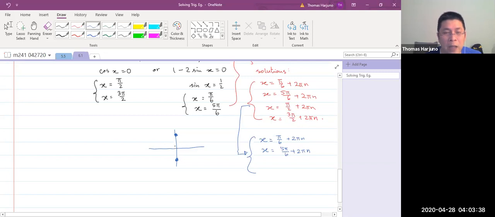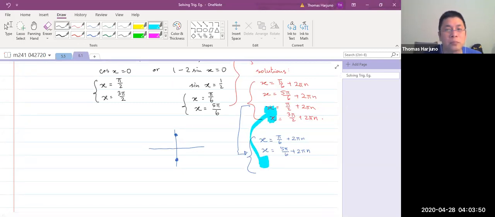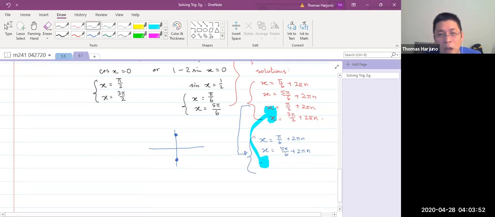But I can condense it this way. I can combine these two here, and it becomes x equals pi over 2 plus pi m.